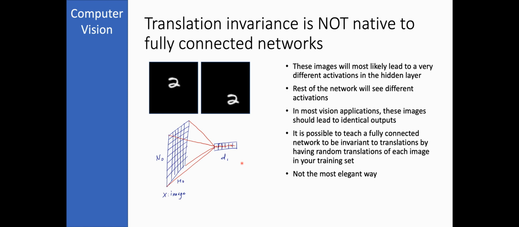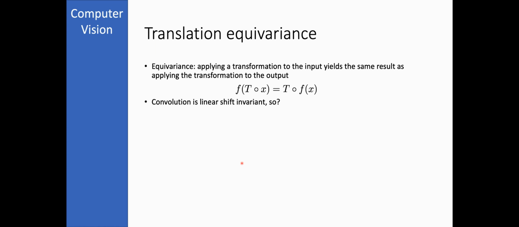Our strategy was to show examples of such transformations and ask the features to be similar. This is obviously not the most elegant way of doing translation invariance. The convolution operator helps quite a bit in this case. And it doesn't help because it's translation invariant, but because it's translation equivariant. So what does this translation equivariance mean? Equivariance means applying a transformation to the input yields the same results as applying the transformation to the output.